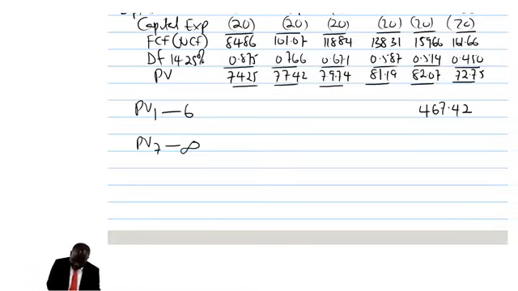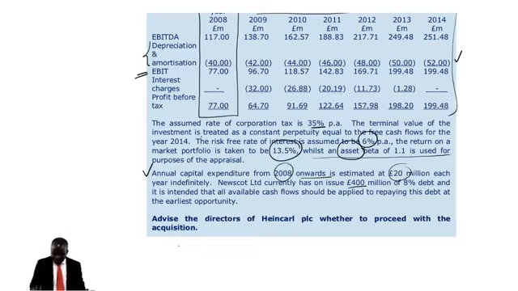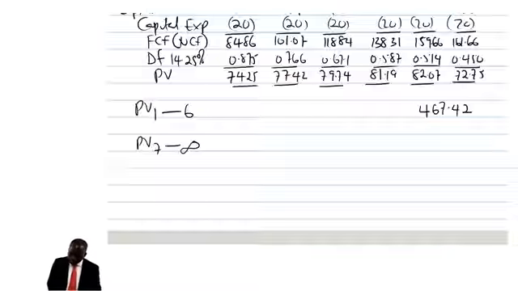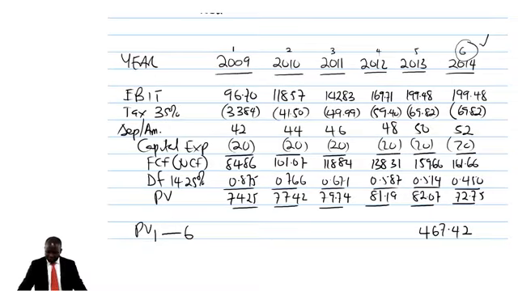Let's go and ask the question. The question is saying somewhere here, the terminal value of the investment is treated as a constant perpetuity equal to the free cash flow for the year 2014. So for the year 2014, the cash flow is 161.66, and this is going to stay constant up to infinity.